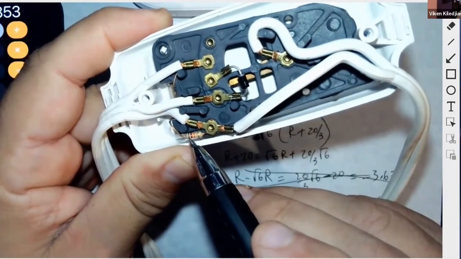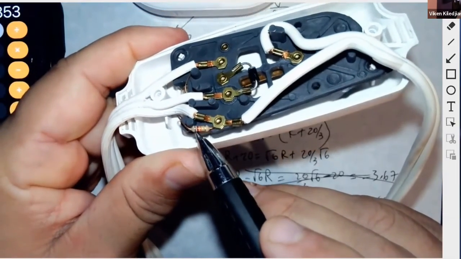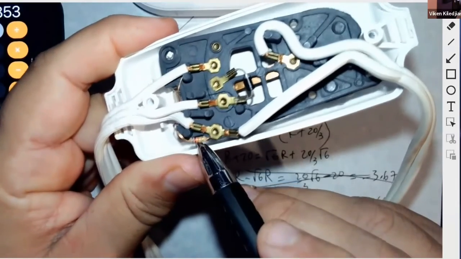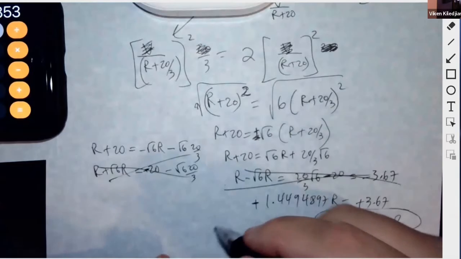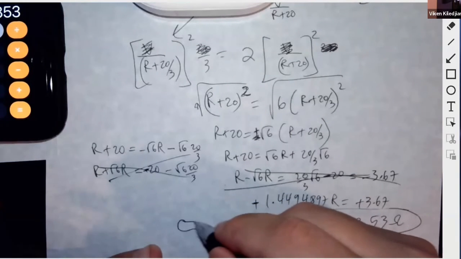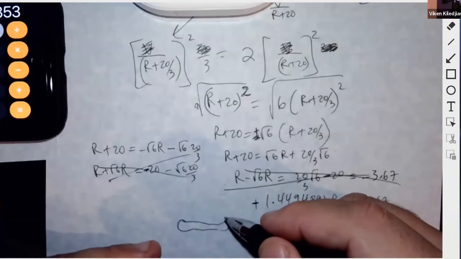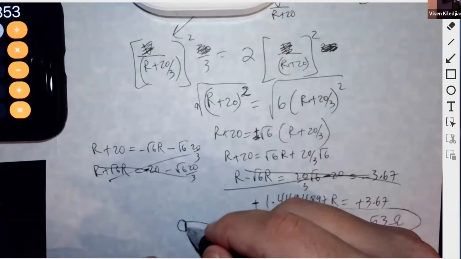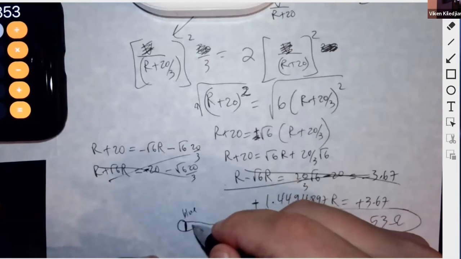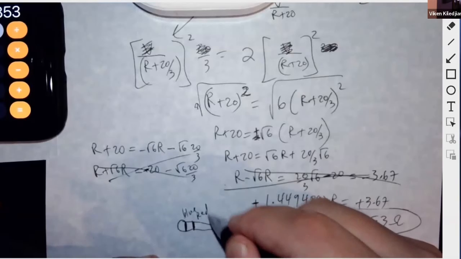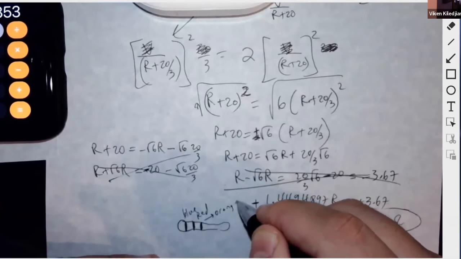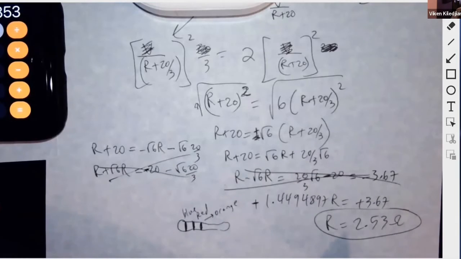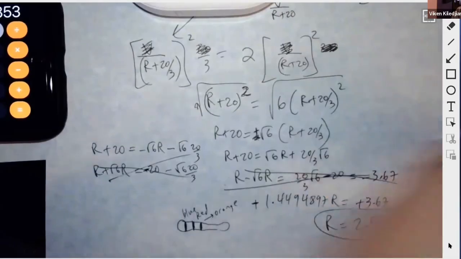Is that green or blue? Hard to tell. Remember the code that we learned yesterday? Blue, red, orange. Blue, red, orange. So now we know how to read it, right, guys, everyone?